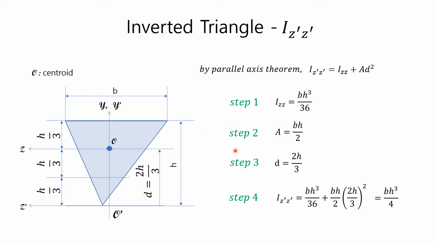In the second step, the area equals bh over 2. And in the third step, d equals 2h over 3. Substituting all the terms for Iz and A and d, we can get the result bh to the 3 over 4.